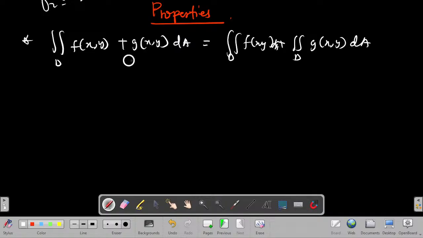This is telling us that if you have two functions adding, you can just distribute.